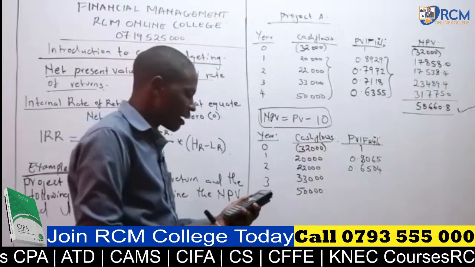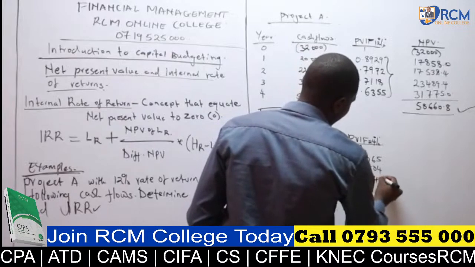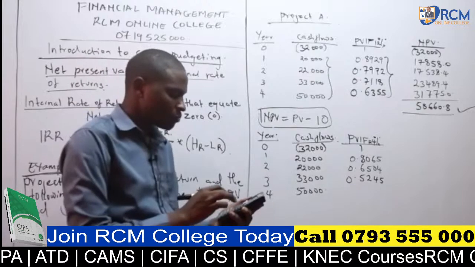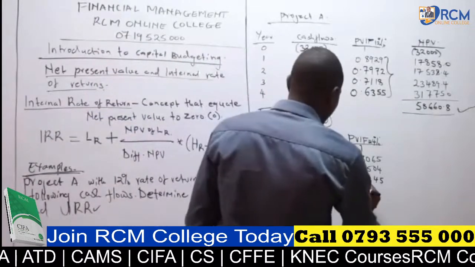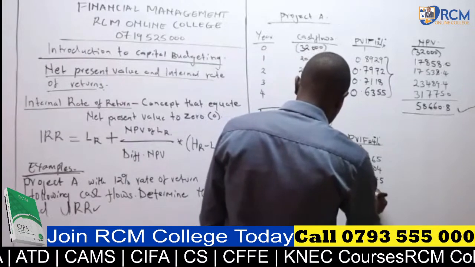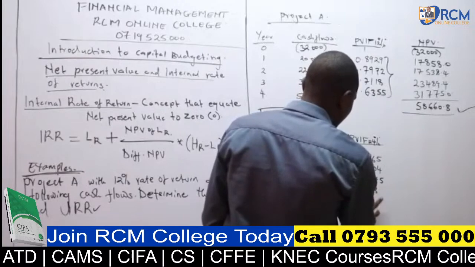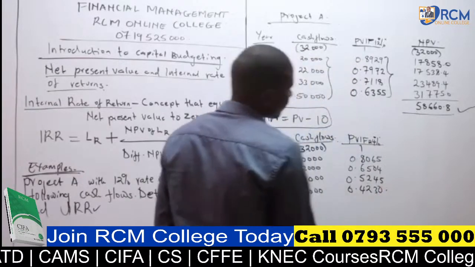The third year, 0.5245. And then the last year is 1.24 raised to power negative 4. That is 0.4229, or 0.4230, because when we round off the 29 it becomes 30.